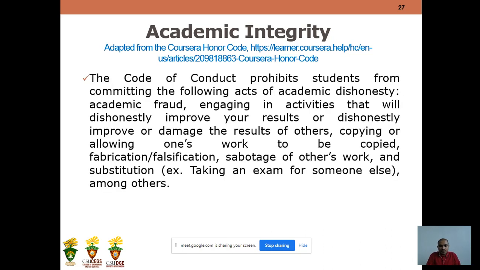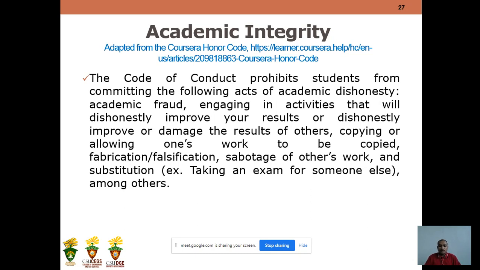Another, the code of conduct prohibits students from committing the following acts of academic dishonesty. Academic fraud, or deception. So you deceive your instructor. You did not do your part as a student, you defrauded your faculty and at the same time the university where you are enrolled, which is CSU.